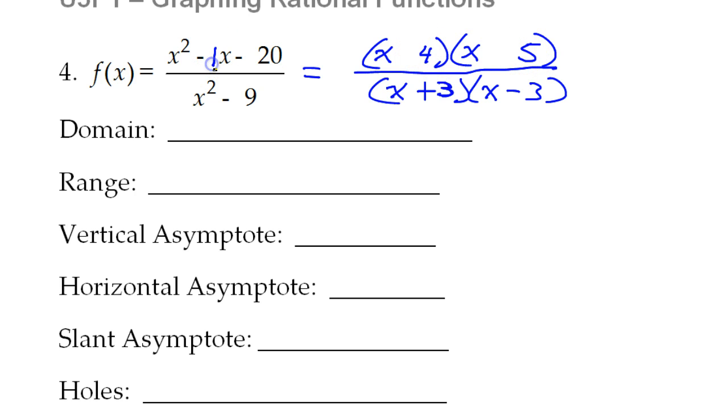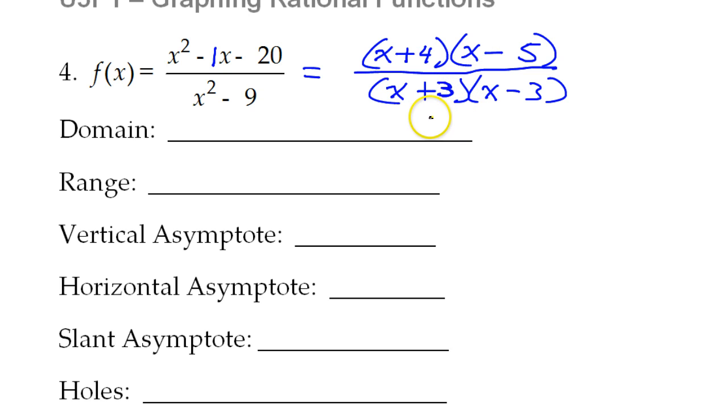I know the middle needs to be negative 1, so that means positive 4, negative 5, and that does make negative 20. Positive times negative is negative. Does anything cancel out? No, nothing cancels out. So that means there won't be any holes. No holes. But it was important to check that.